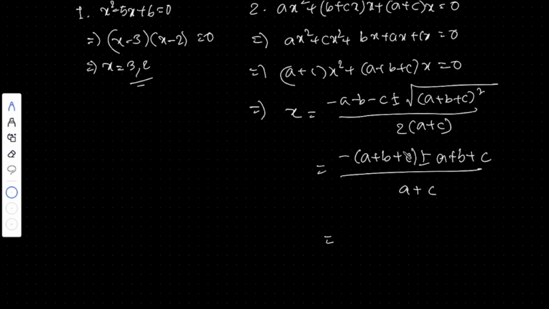If you take the plus part, it becomes 0, comma, and take minus, it becomes minus 2 into (a plus b plus c) whole divided by (a plus c). You may take this outside and it becomes a long process.